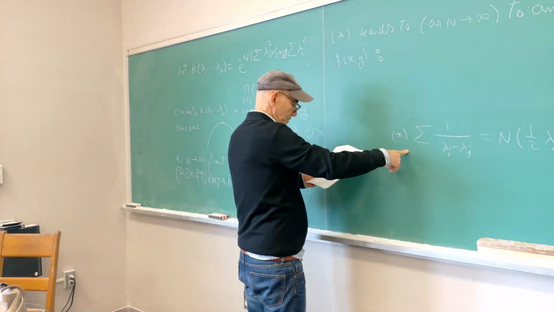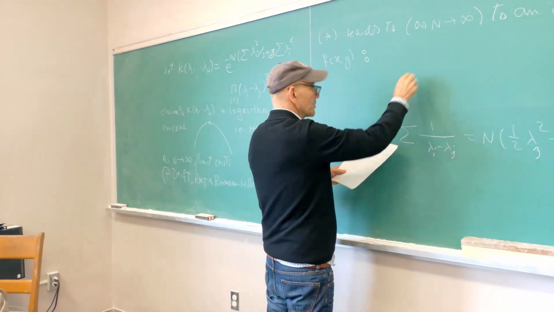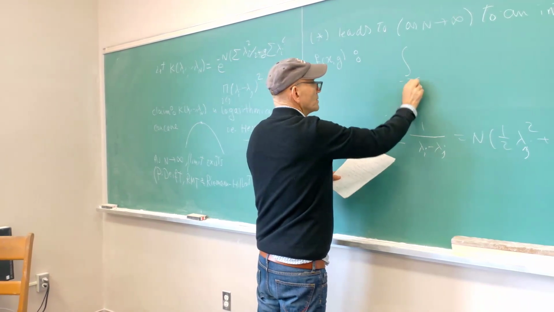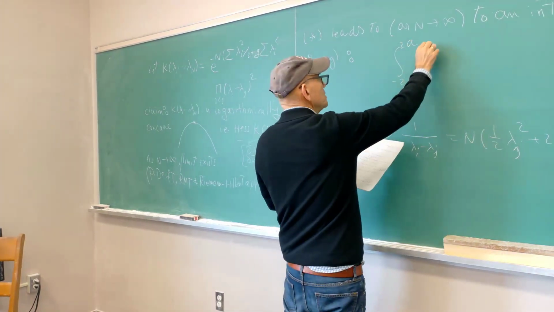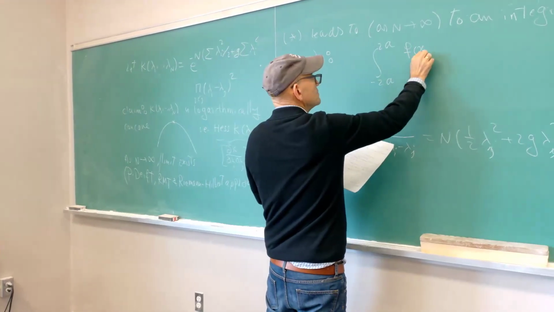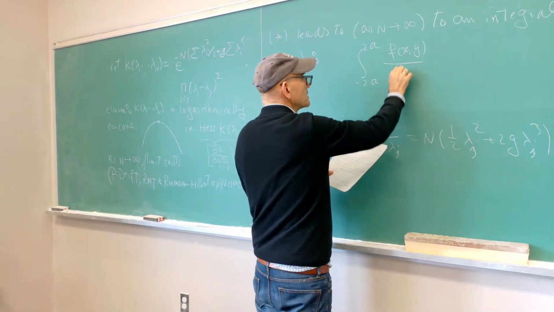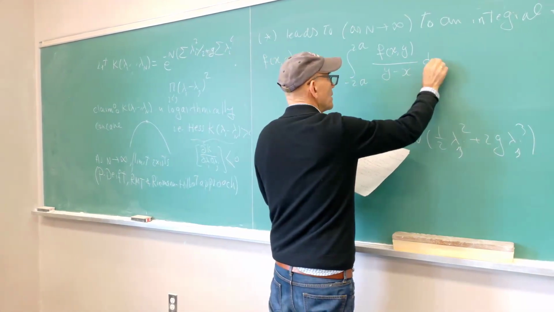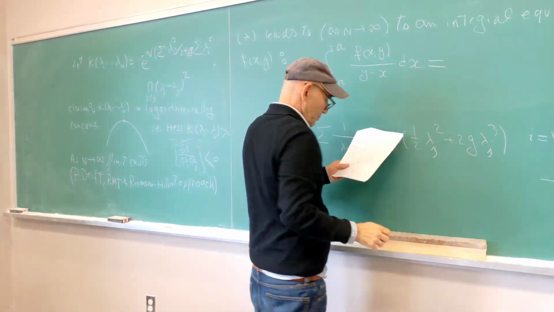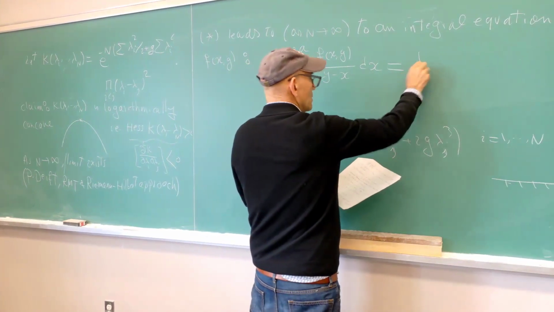The integral equation is the following: the integral from minus 2a to 2a of f of x and g over y minus x, dx, is equal to 1/2 y plus 2g y cubed.